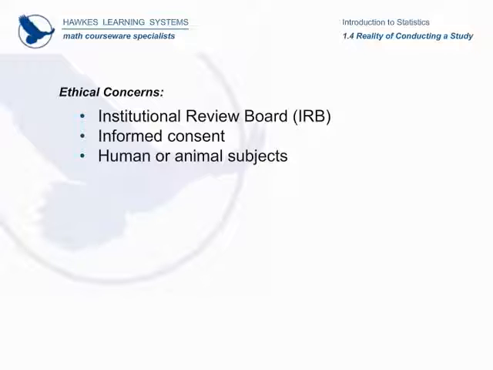Both have to be taken into consideration in terms of making sure that they're treated in an ethical manner. Also, a part of ethical concerns is confidentiality. In most instances, we want to keep the identity of the persons or the subjects participating in our research confidential so that they remain anonymous. No one knows who they are or can identify them.